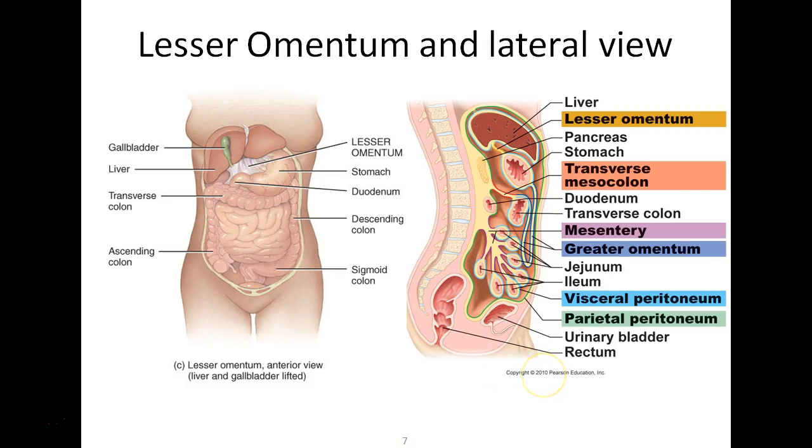Let's talk about the mesocolon. That mesocolon is shown right about there. This is a fold in the peritoneum that attaches parts of the large intestine to the internal surface of the posterior abdominal wall.